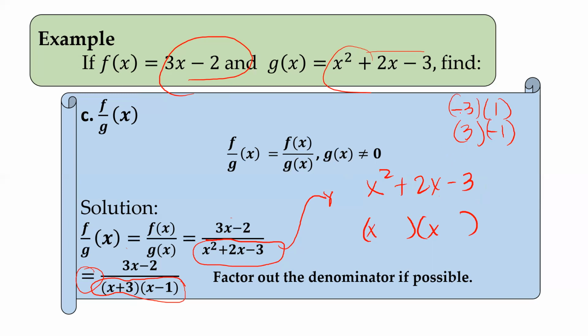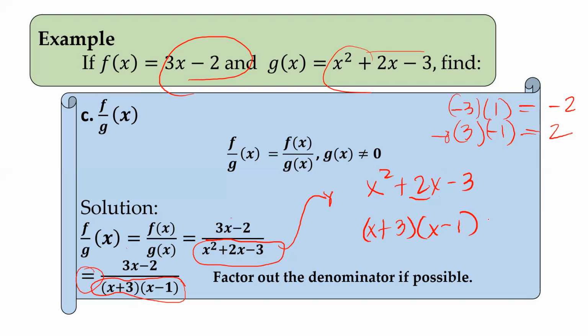So we will try to add the answer if we will get the positive 2. Negative 3 plus 1 would give us negative 2. Positive 3 plus negative 1 would give us positive 2. Therefore, we will use this. So, positive 3 and negative 1.